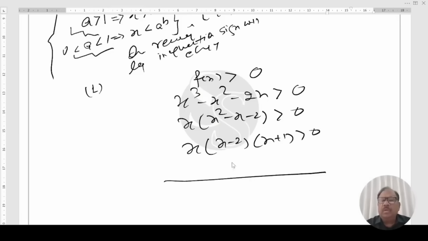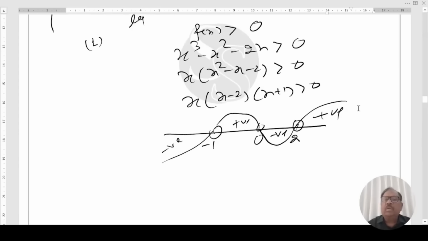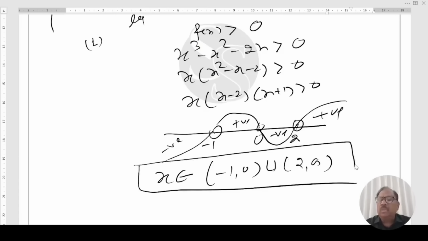If we draw the number line, one point is minus 1, one point is 0, one point is 2. The signs come out positive, negative, positive, negative. You know this concept. Means x belongs to (minus 1, 0) union (2, infinity). To satisfy the condition f(x) greater than 0, this condition is satisfied.